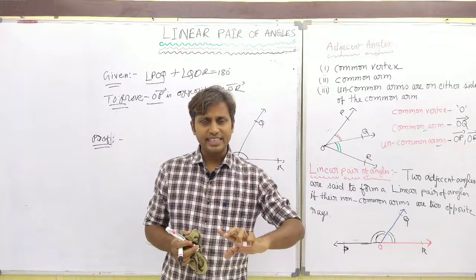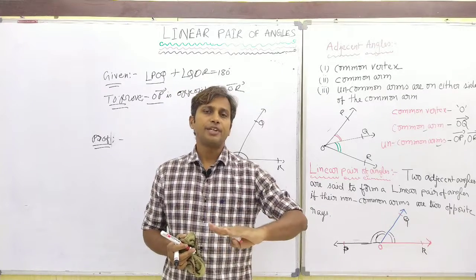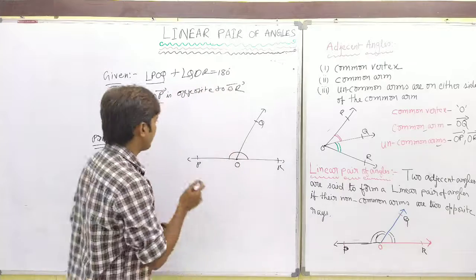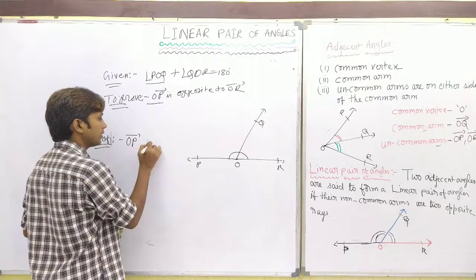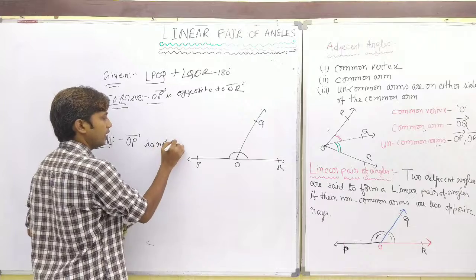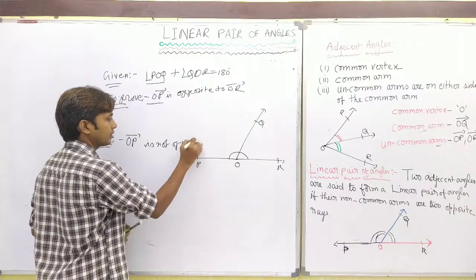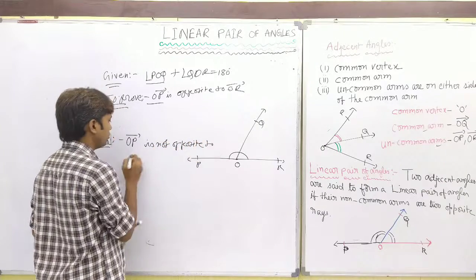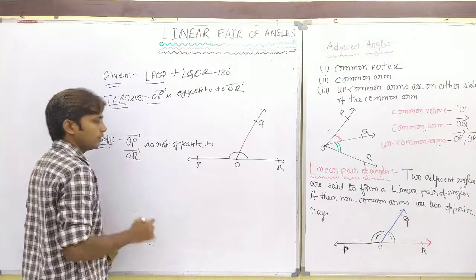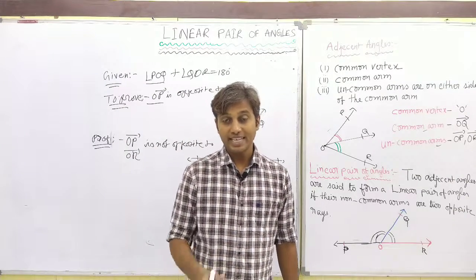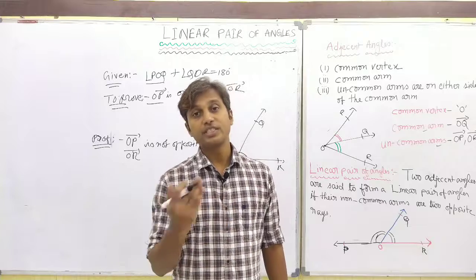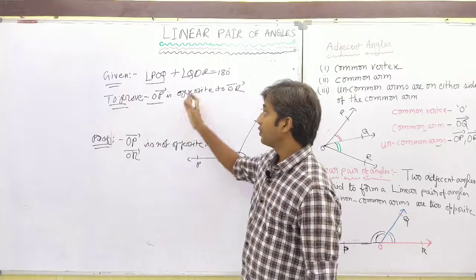Let us take exactly the statement opposite to that. Means we will take OP is not opposite to OR. That we took. Means exactly the opposite statement of what we need to prove.